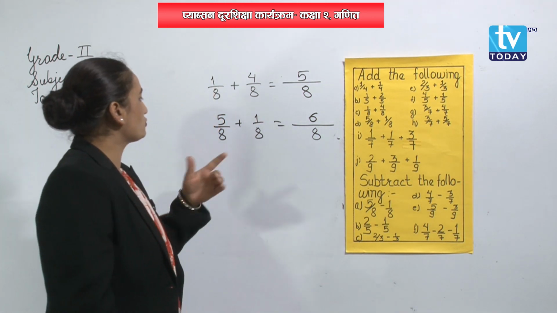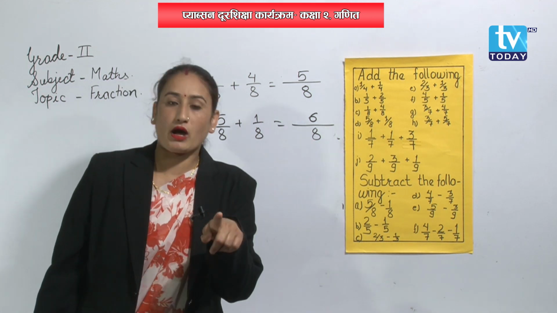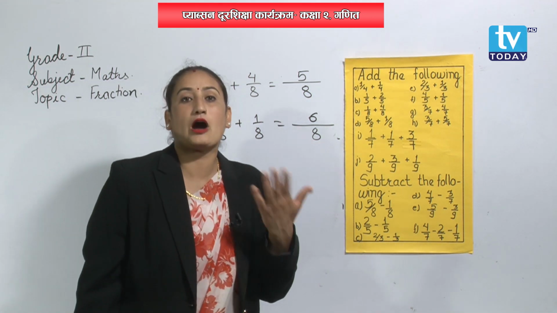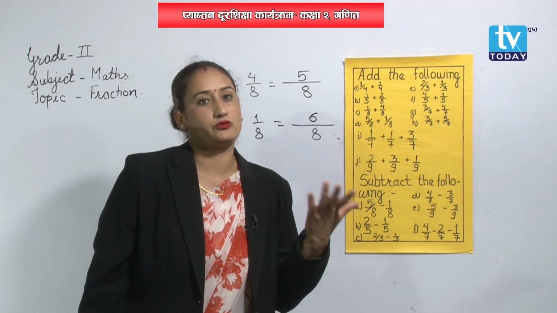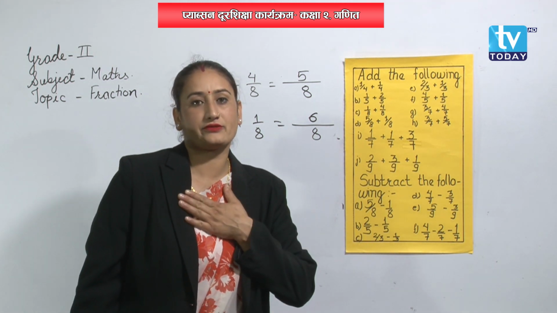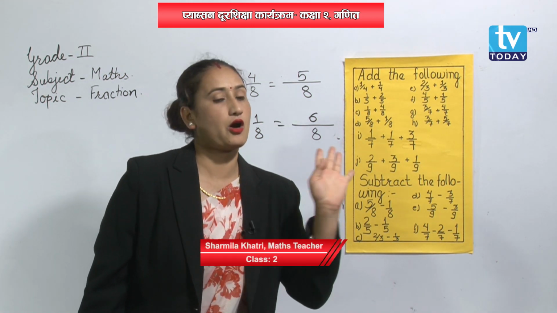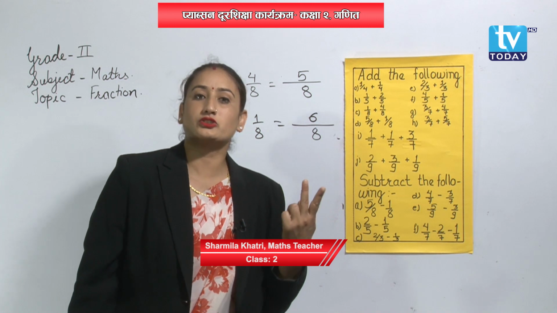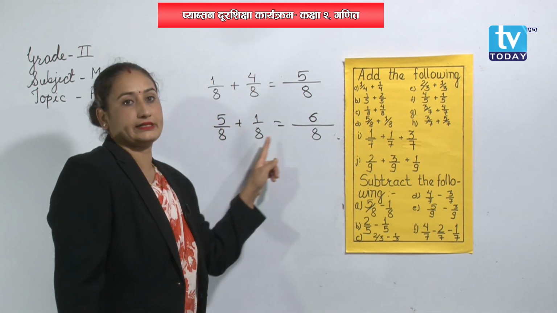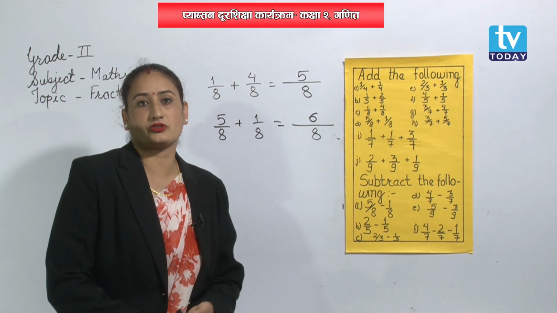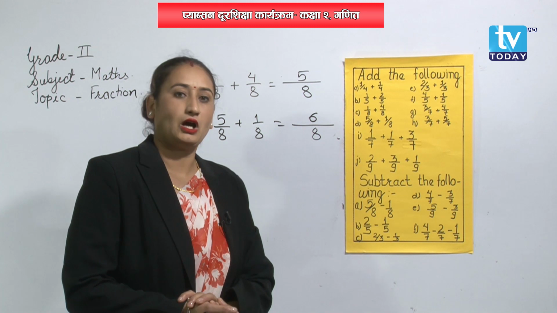If I take 5 pieces from that apple and you take 1 piece, altogether how many pieces have we taken? It will be 6. 5 I have taken and 1 you have taken, right? So the total is 6. Now, how many are left over? 2 on the plate, okay? So that means 8 is the common denominator. You have to take only one single 8, okay?